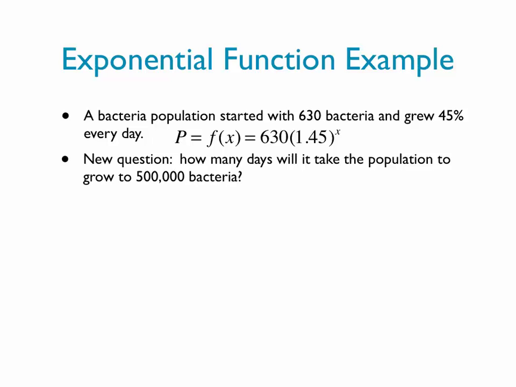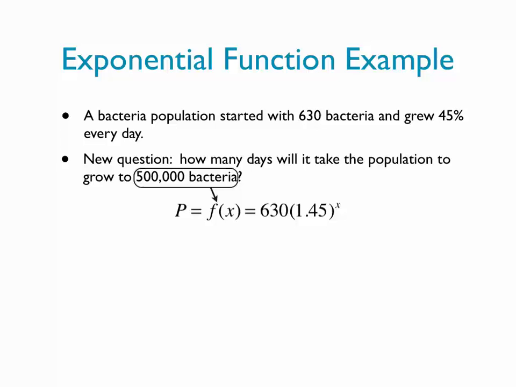Yeah, so that would be what the function gives us, the output. Yep, so that f of x would be the output. And so how many days is the input, right? How many days is the input? Okay, so doing that, we get this. And our goal is to figure out what x is.